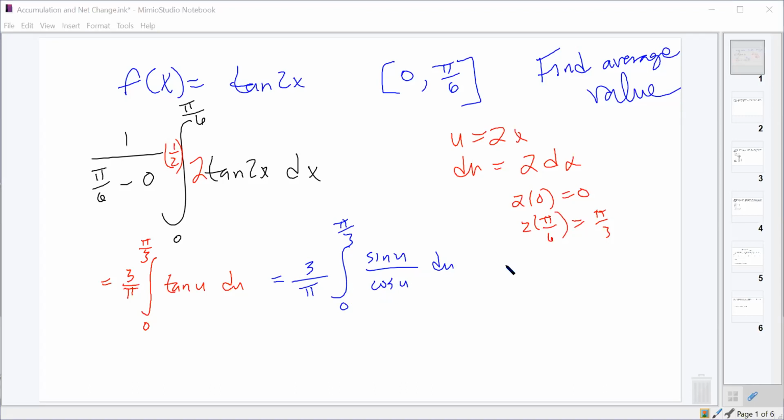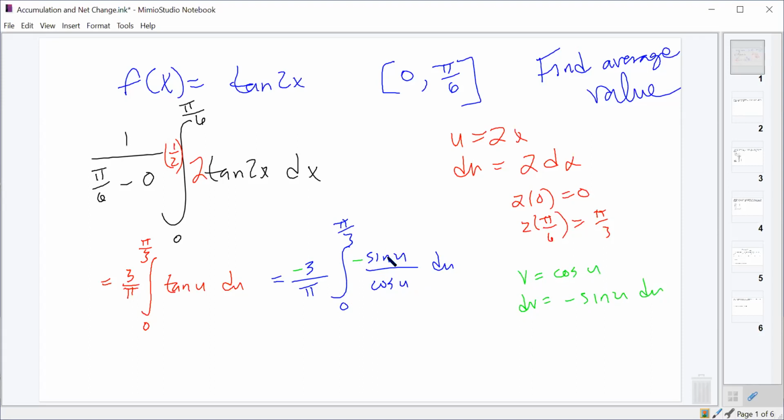And then we let v equal cosine u so that I can get rid of this thing in the denominator. And dv becomes the derivative of cosine, which is negative sine u du. And so I can get rid of the sine u du if I put a negative in front of it. So I'll put a negative in front of it and a negative in front of that. Those cancel each other out.